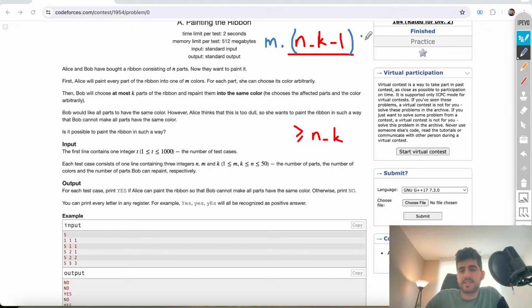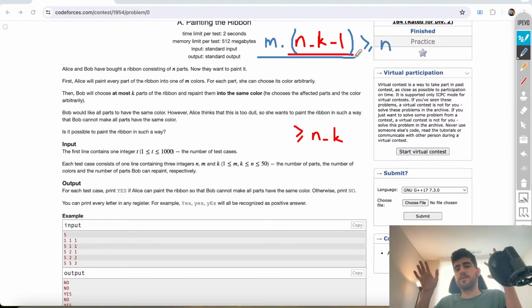This value should be at least n. I mean, it should be enough. I mean, if from each color we can have at most these many occurrences, this is good, because no color can dominate all the colors, and we can color the rest of the cells so that not everything will have the same color.